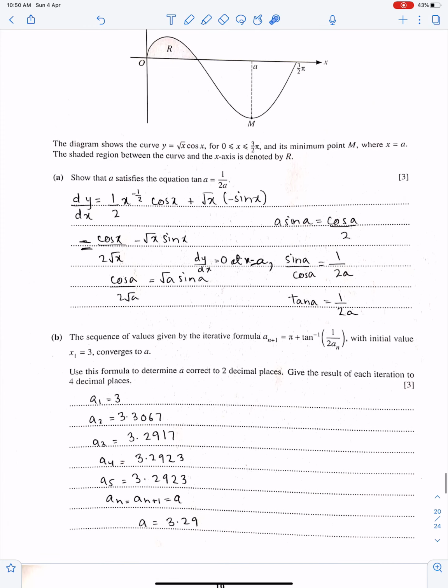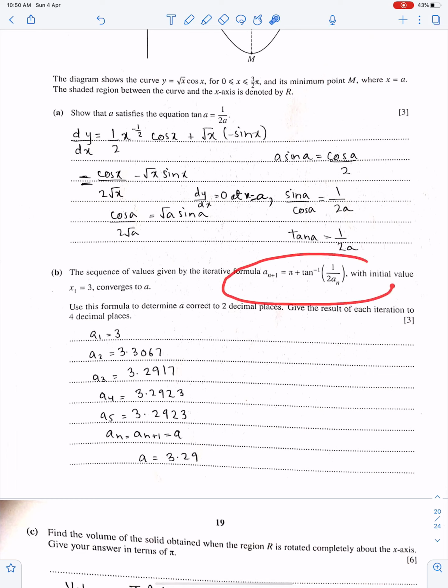This next part is very simple because you have to find the root, and the first value is 3. You have to do the iteration up to 4 decimal places. So you have to stop the process as soon as you get the repeated number. This is the repeated number, so your answer is 3.29 up to 2 decimal places.